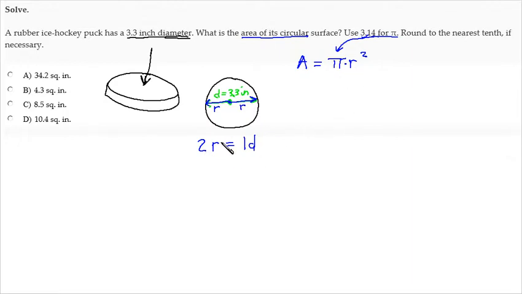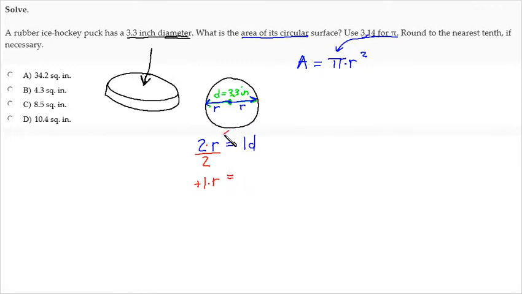If we need the radius of a circle, which we do for this problem to calculate area, then we solve this equation for r. I need to know what one radius is, so we take two radii and divide by 2. Whatever the coefficient of the variable is, I'm going to divide by it. Then that would give us what one radius equals in terms of diameter.